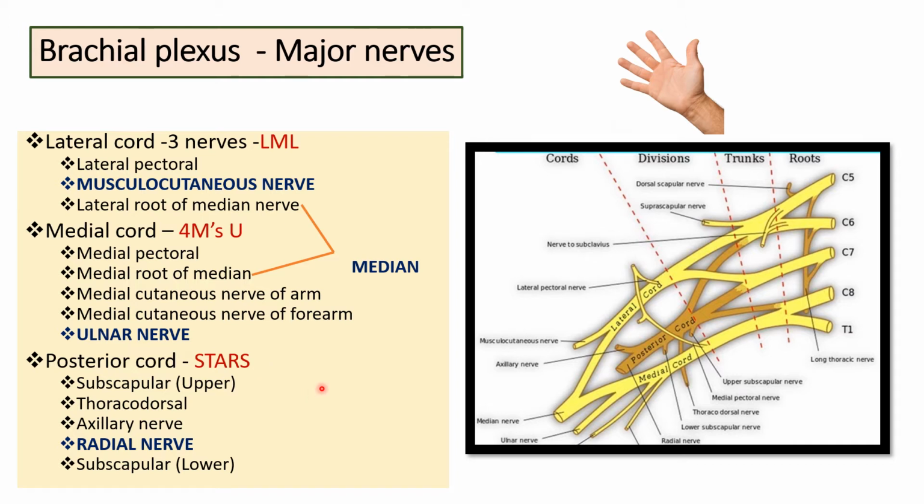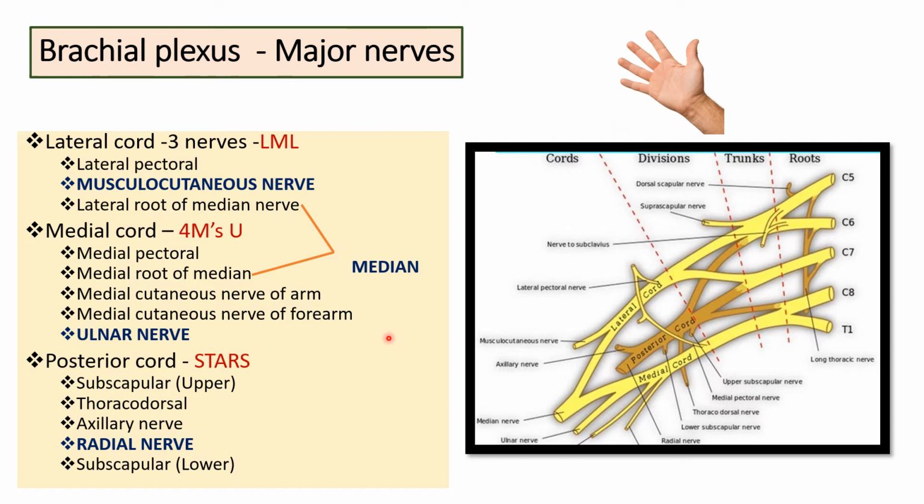And all of you are aware that the ventral divisions contribute to the lateral cord and medial cord, the branches of which will supply the ventral or flexor aspect of the limb, whereas those derived from the posterior divisions will form the posterior cord and they supply the dorsal aspect of the limb.